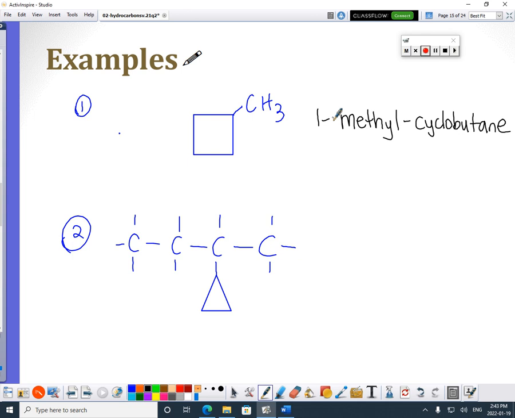For this one, we have two things here. So you follow the same rules. Which one is the longest chain? The 3 or the 4? The 4. So butane is the parent. And so that means this then becomes the branch. What do we use for branches? We use yl. How many carbons in the branch? 1, 2, 3. But we need to say it's a ring, so we're going to put cyclopropyl.